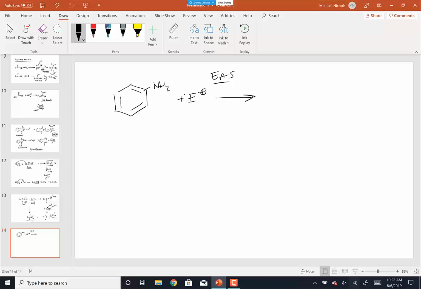And so if I do that reaction, where does the E plus end up? It's going to end up ortho para because NH2 is what kind of group?